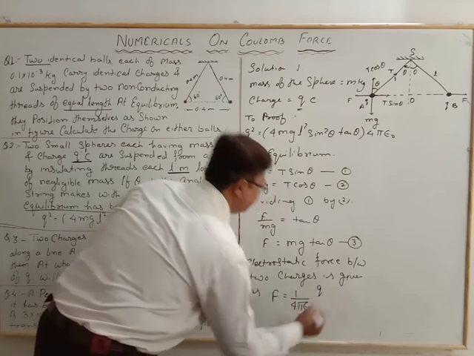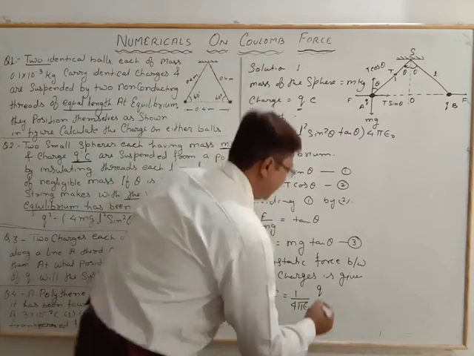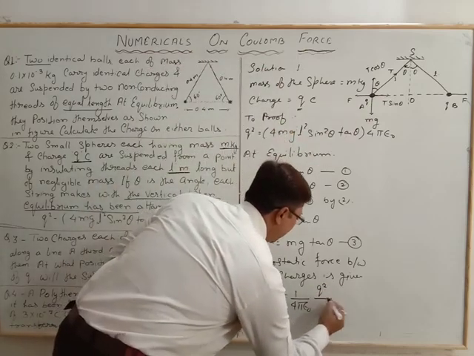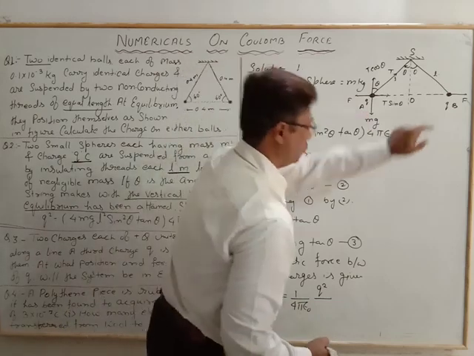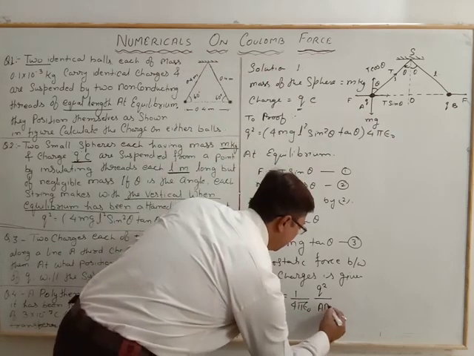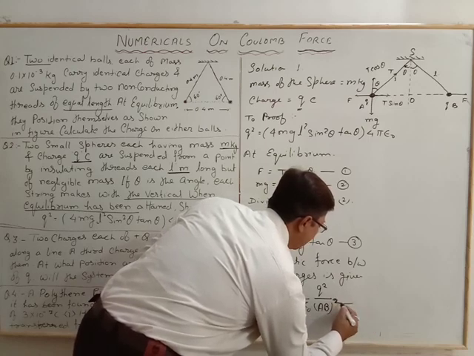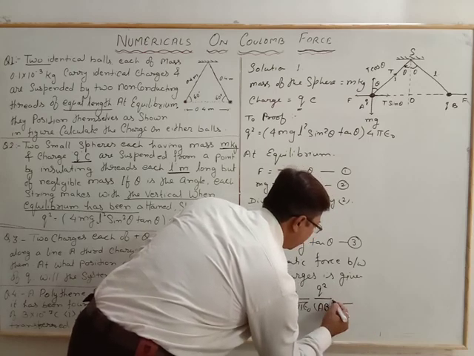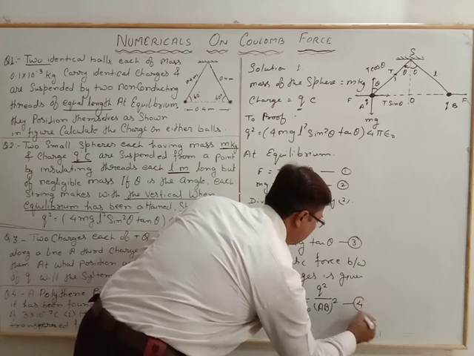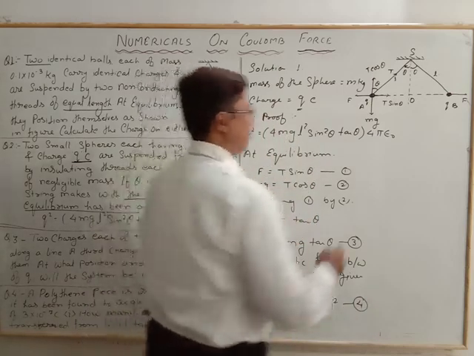Here Q is identical, so Q square by the distance from A to B, that is AB whole square, and this becomes equation number 4.